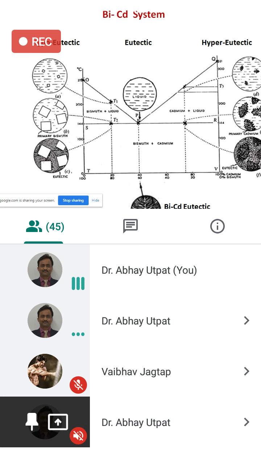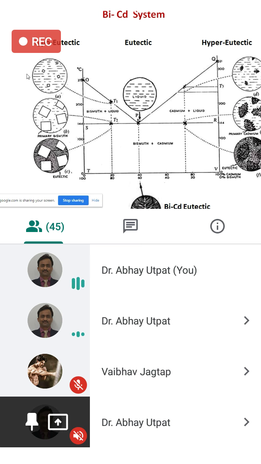See this microstructure where my cursor is now. As soon as you cross the liquidus line at T1, you will get solidified nuclei, which is shown in figure number 1 where I put my cursor. As you are moving from T1 to T2, the amount of solid goes on increasing.